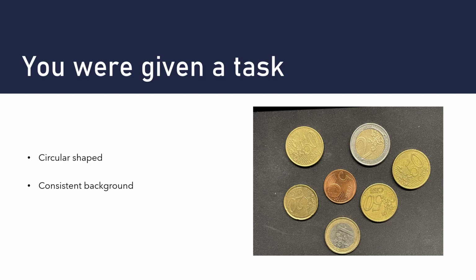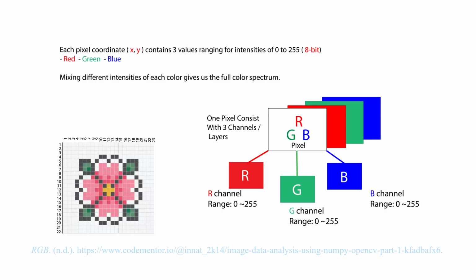Now next, in image processing, it's always easier to work with black and white images, right? And to understand why, I'll just walk you through a concept. All images consist of a number of X and Y pixels, and each pixel contains 3 channels, RGB, so red, green, and blue. And the color of that pixel is determined by the number or the range of intensity of each of the channels.